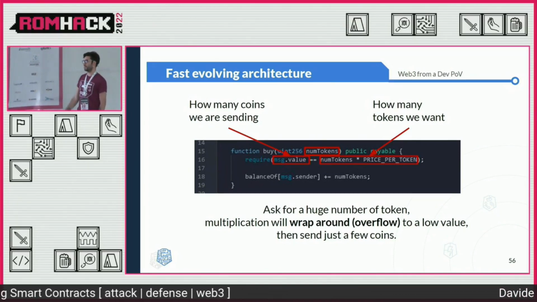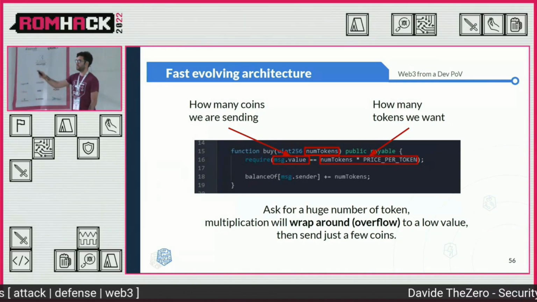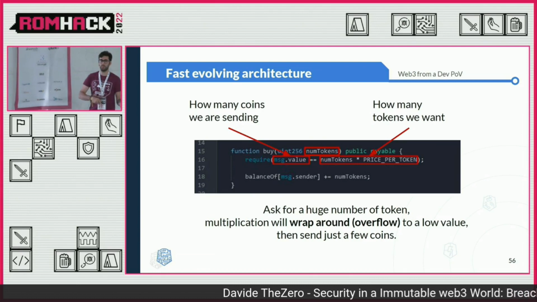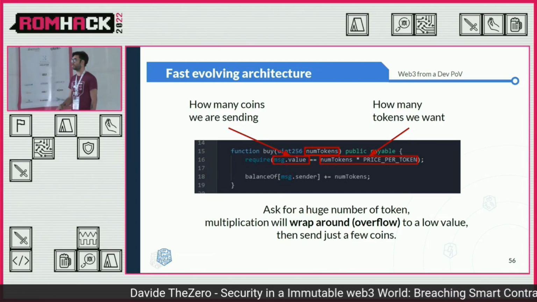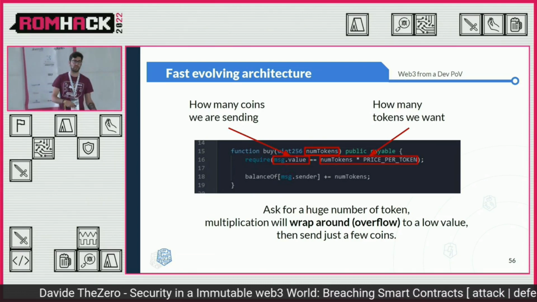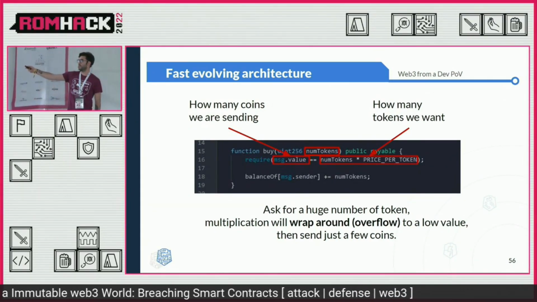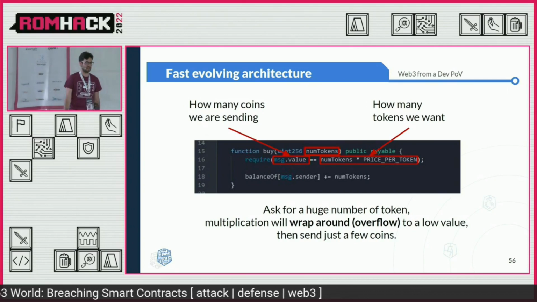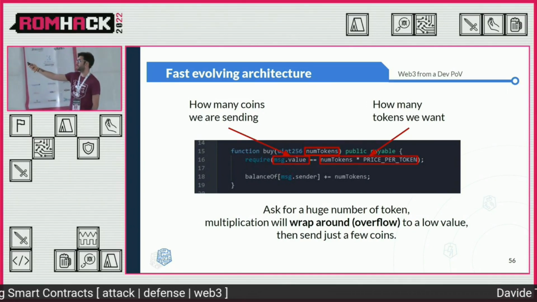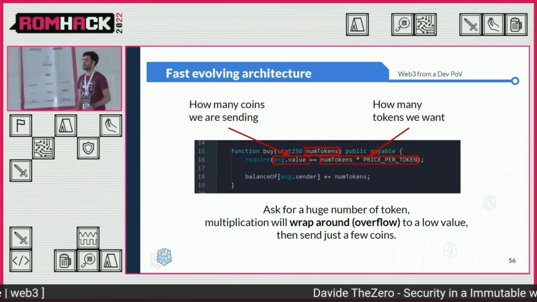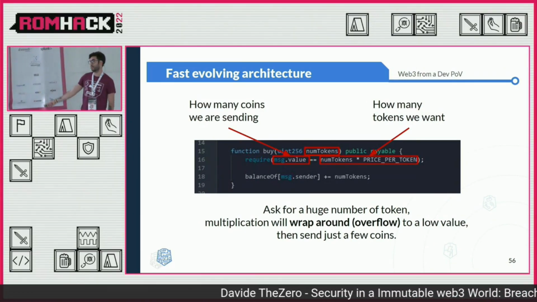And then we have a require that checks if this condition holds true, checking if how many coins we are sending is equal to the number of tokens we are asking for times the price per token. But if we ask for a big enough number of tokens, what happens is that the multiplication will overflow and wrap around, so we can send few coins and get a lot of tokens.